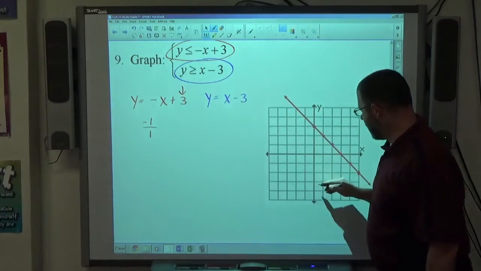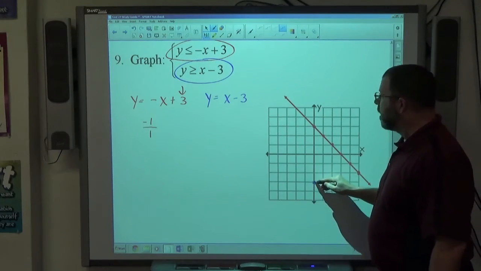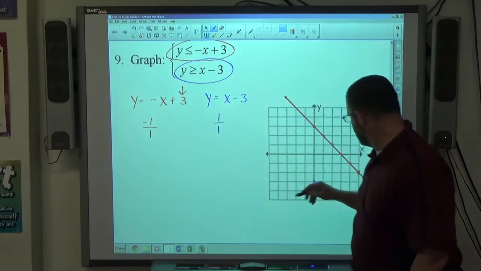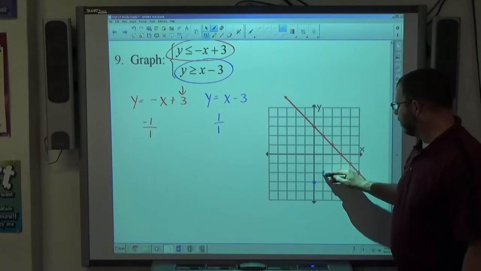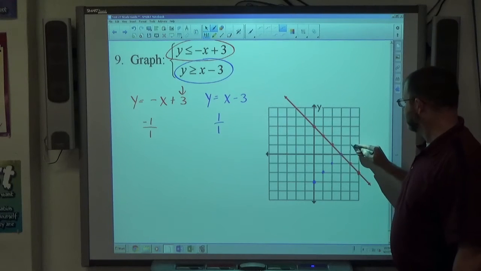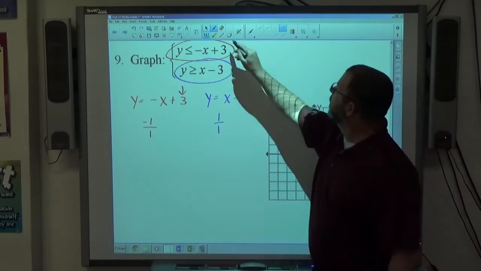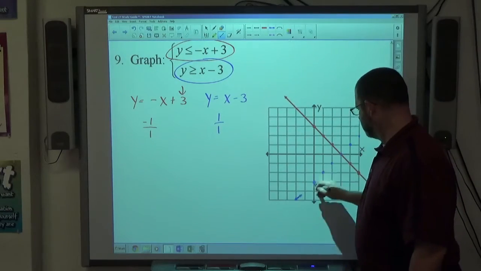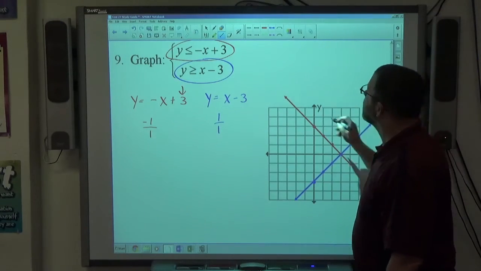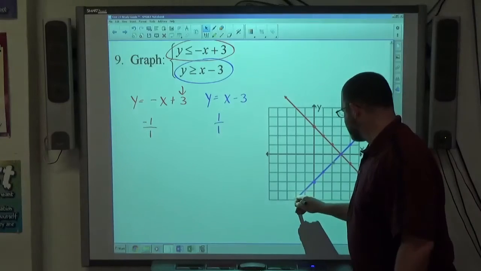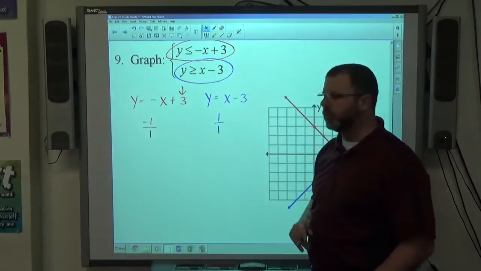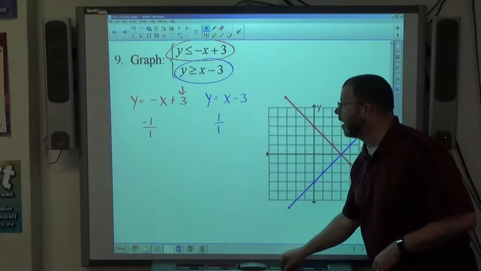That's a y-intercept of negative 3. And a slope is 1, positive 1. That's 1 over 1. So that means up 1, right 1 for each point. Then we connect the dots with a nice straight line. Once again, a solid line's happening here because in the inequality statement, greater than or equals to means solid line.